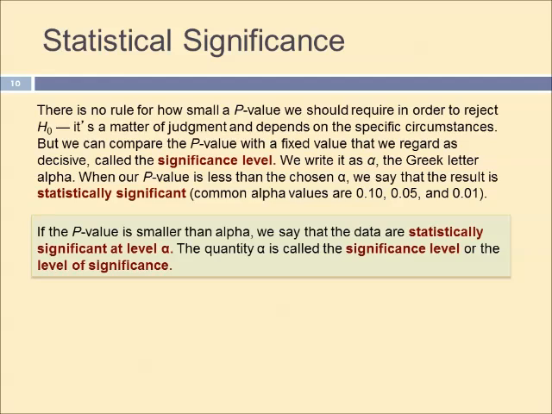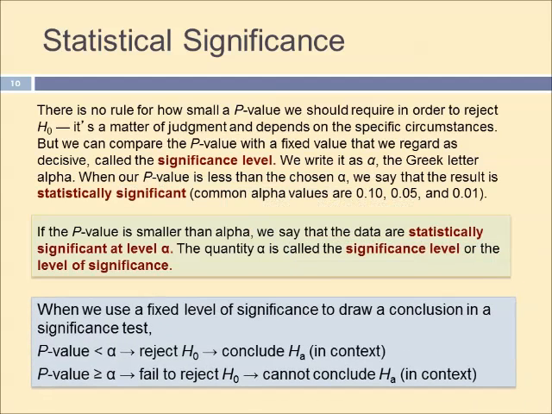If the p-value is smaller than alpha, we say that the data are statistically significant at that level alpha. The quantity alpha is called the significance level or the level of significance. When we use a fixed level of significance to draw a conclusion in a significance test, we again have two possibilities.